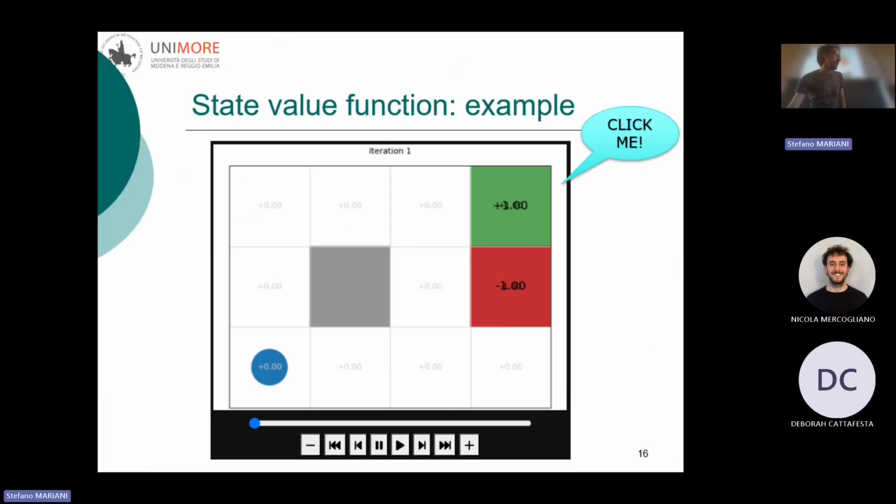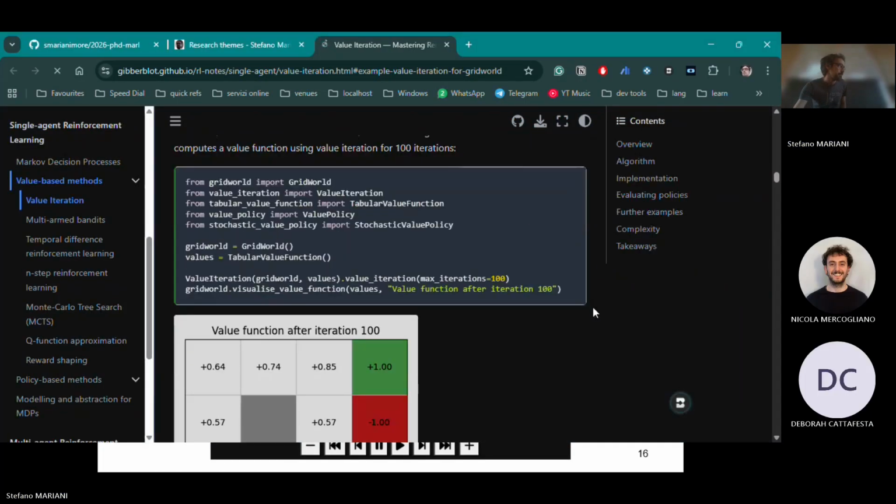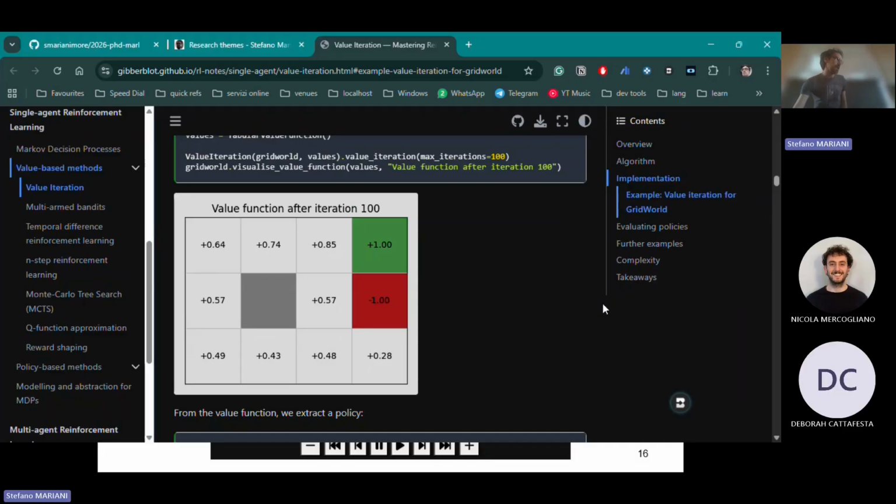Let's try to clarify even more. This is just an example of a fictional MDP. So we basically have a sort of a maze, if you want. We have a starting position of the agent that is the bottom left corner, if I remember correctly. And we have a goal destination, which is the green tile.